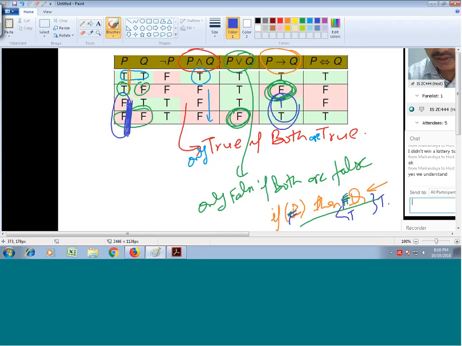So this is the trick table. It looks like somebody says, I can eat the moon if you bring the moon to the earth. So I'm not eating the moon, but I'm still true, because you are not bringing the moon to the earth. If you bring the moon to the earth, then only I can eat it. Therefore I'm not wrong, because you have not tested me.